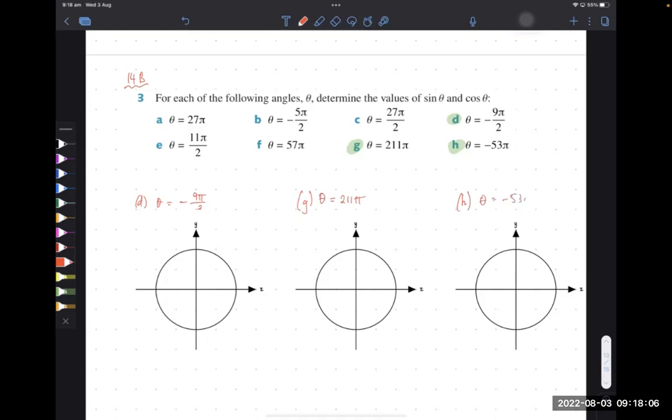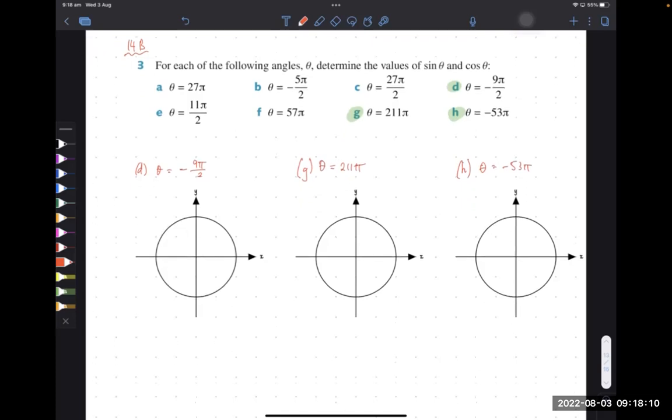Once you find out the location on the unit circle, you will be able to find your sine, your cos, and we'll just throw in tan as well. Negative 9 pi on 2. Where is that located? Do I go clockwise or anti-clockwise?